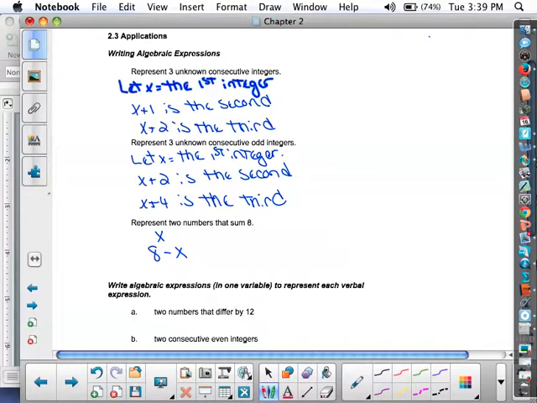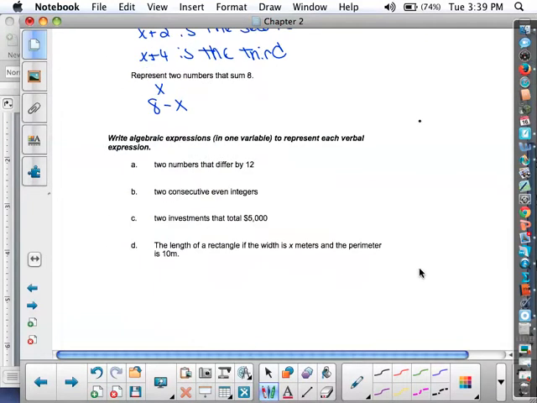Next says write an algebraic expression in one variable, just one variable, to represent each verbal expression. So it says two numbers that differ by 12. You could write x and x plus 12, or x and x minus 12.